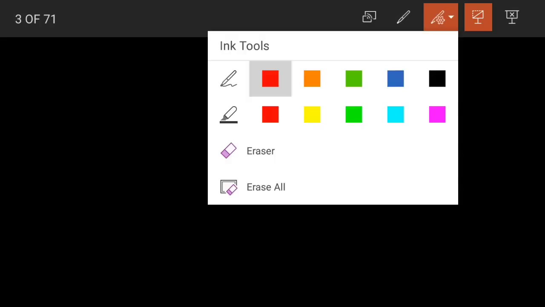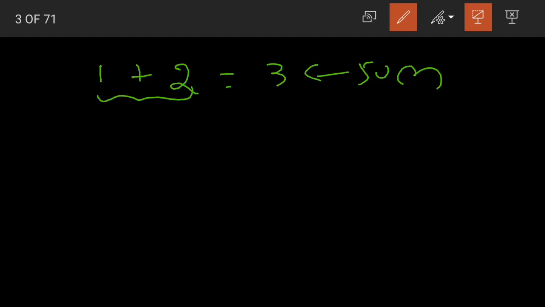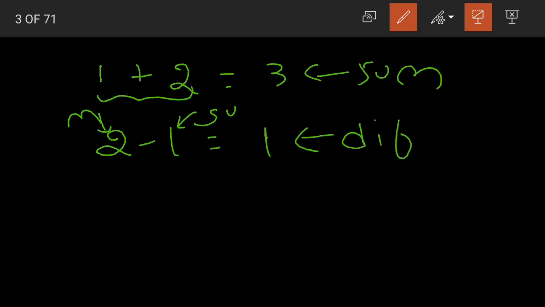Just like in addition, when we have two numbers, 1 plus 2, 1 and 2 are called addends and the answer is called the sum. Yes children, and when we are subtracting, the larger number is called the minuend, the smaller number is called the subtrahend, and the answer is called the difference.